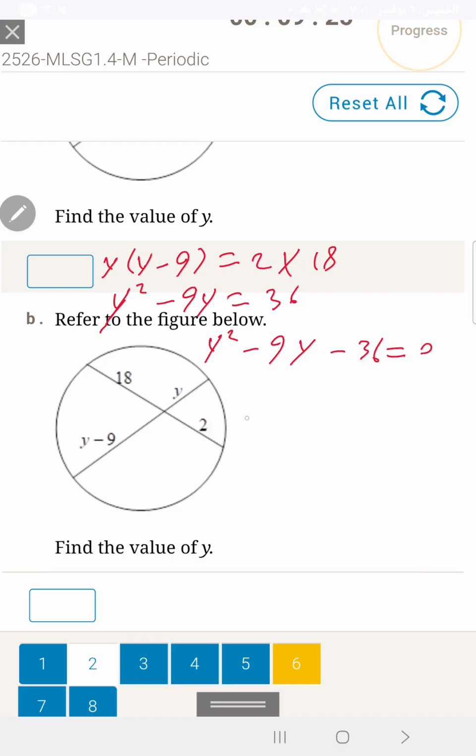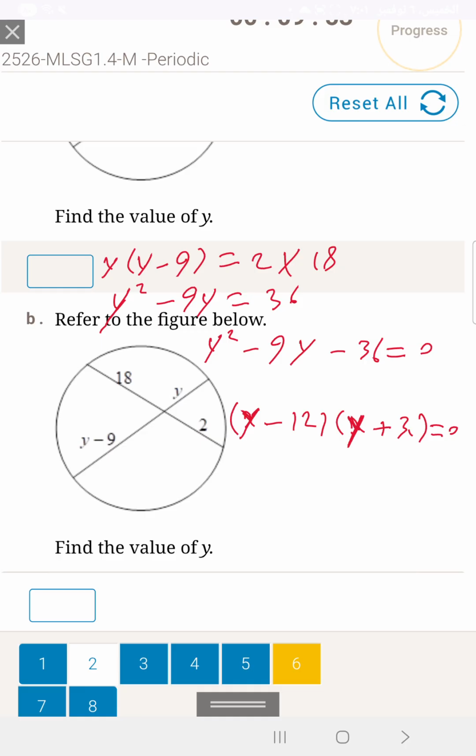In order to solve this quadratic equation, we have to factorize it into two brackets, y and y. So here we have 12 and 3, because if you multiply them you get negative 36, so you have to put minus 12 and plus 3. If you add them you get minus 9. If you multiply them you get negative 36.